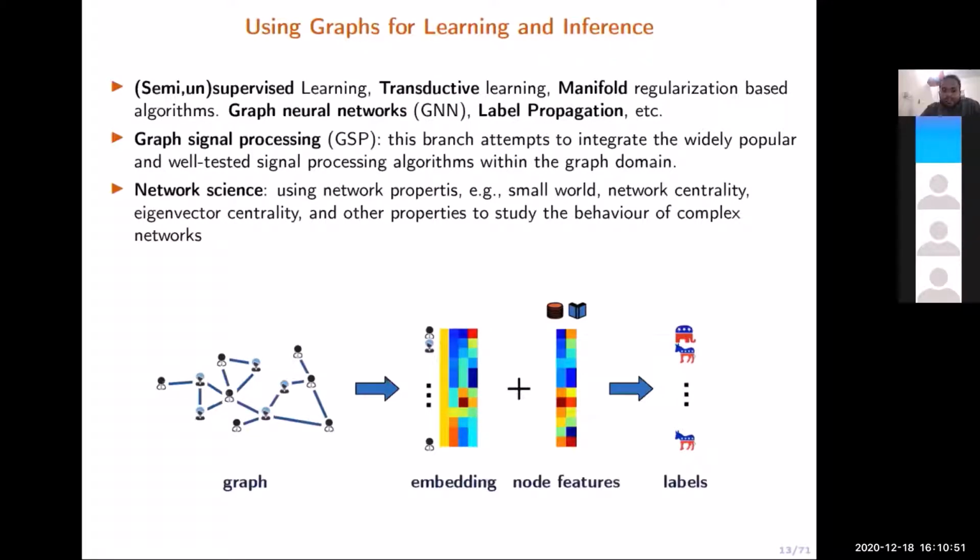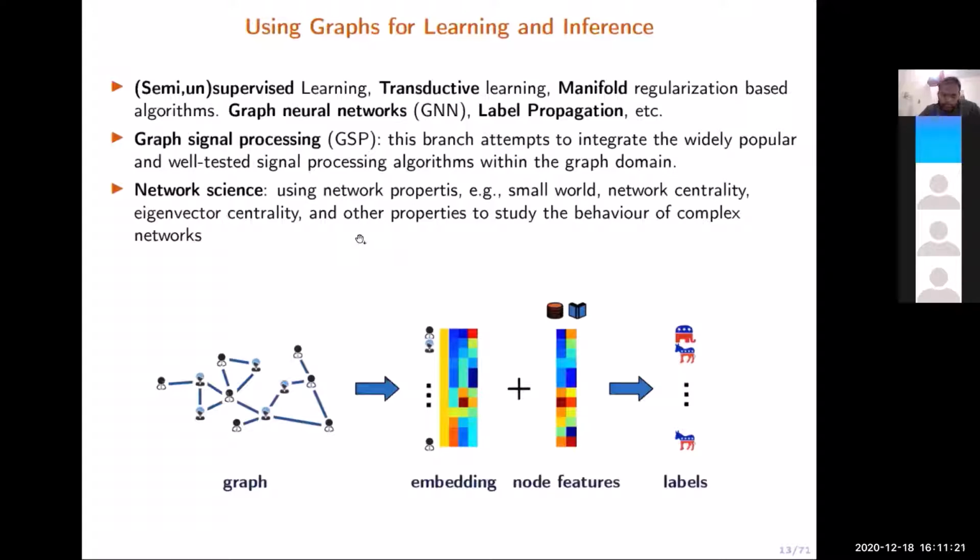The next branch, which has recently emerged, is graph signal processing. This branch attempts to integrate well-studied and well-tested signal processing algorithms within the graph domain, and this is also getting great success. The third application domain is network science, where we use a graph or network and its properties like small-world networks, centrality, and eigenvector centrality, to study the behavior of complex networks.